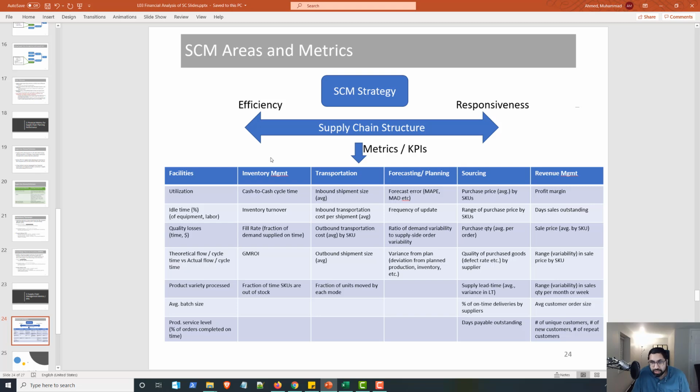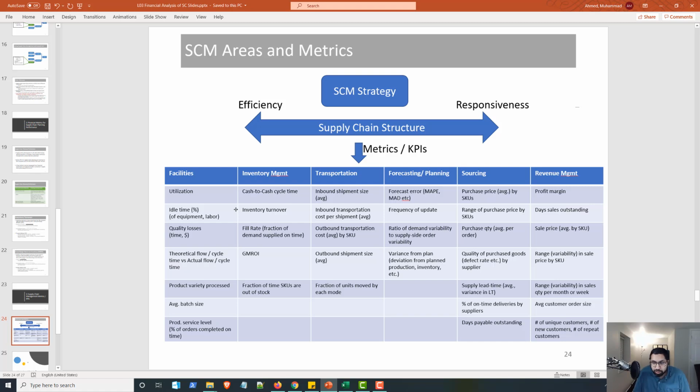So which metrics in this huge table are more or less important depends on your strategy. I'm just going to give you some important metrics for 6 different areas of supply chain management. And then, within all 6 areas, which ones you prioritize is going to depend on your supply chain strategy. Okay. And by the end of this course, a lot of this will become more clear.